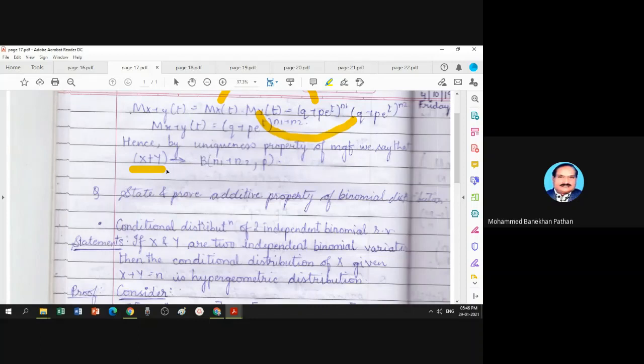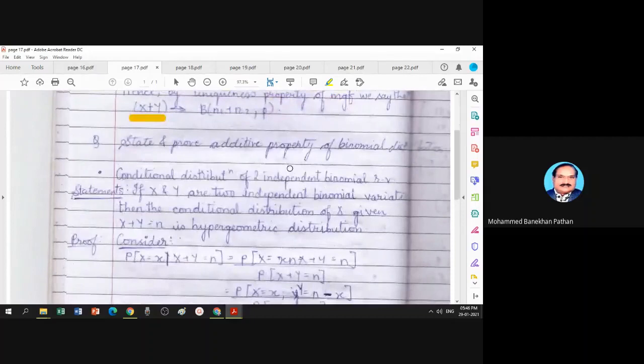Such a question may be asked in MCQ: X is a binomial random variable, Y is a binomial random variable, does X minus Y follow binomial distribution? You have to give the answer no. X plus Y will follow binomial, but X minus Y will not follow binomial.